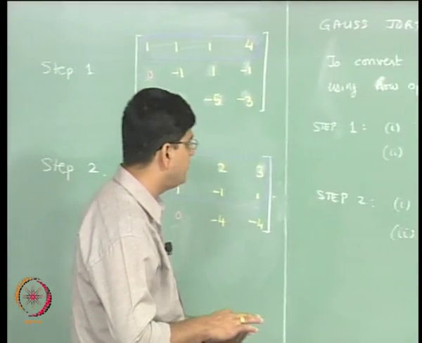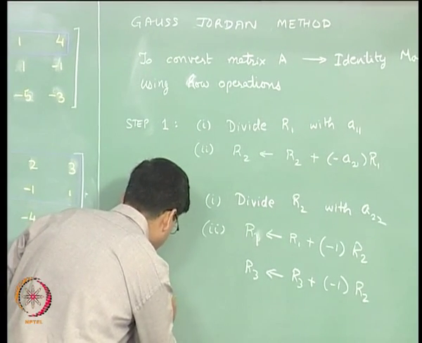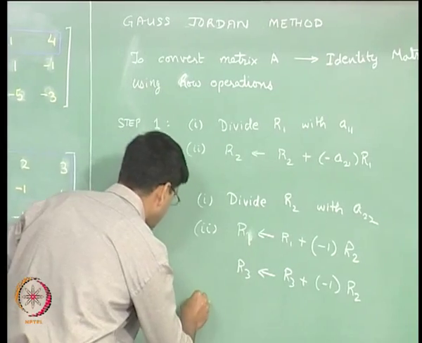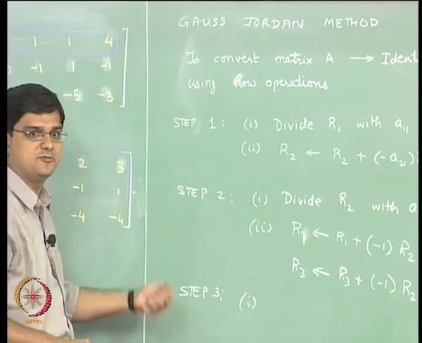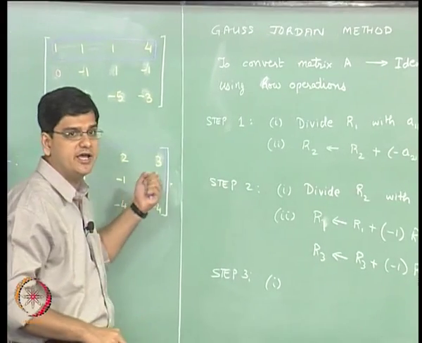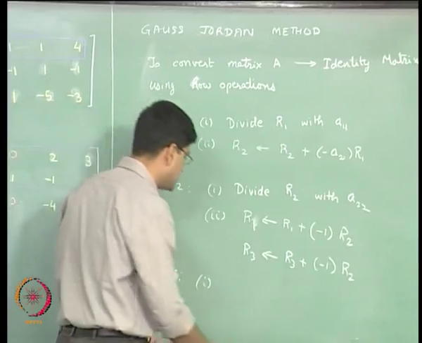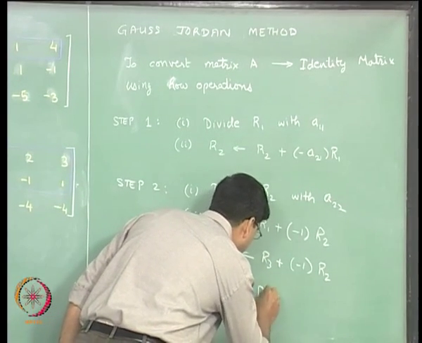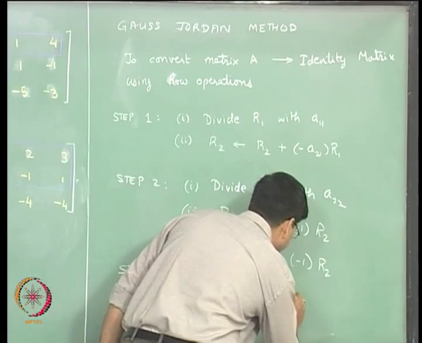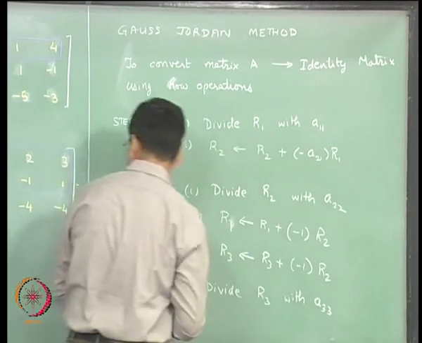But in the Gauss Jordan step we have the nth step also. So, like Gauss elimination, we follow n minus 1 steps with a difference that we make the ith element equal to 1, but we have the nth step also, and in that nth step again we will divide R3 with A33.